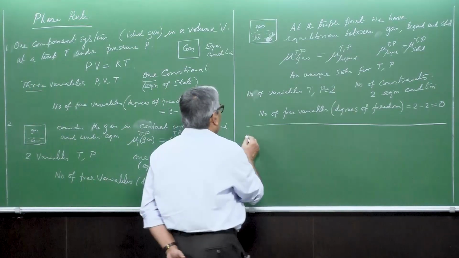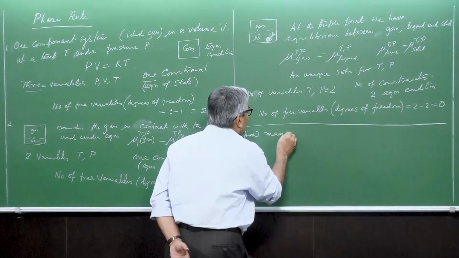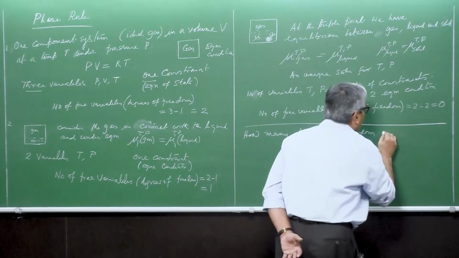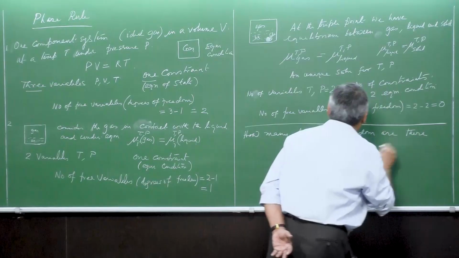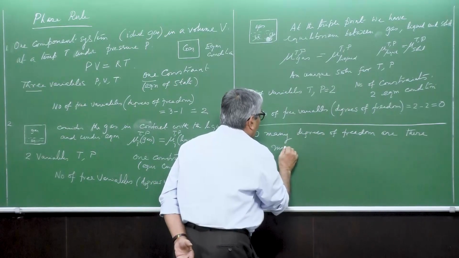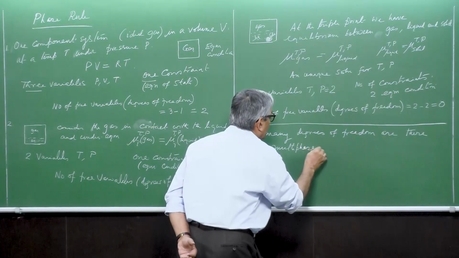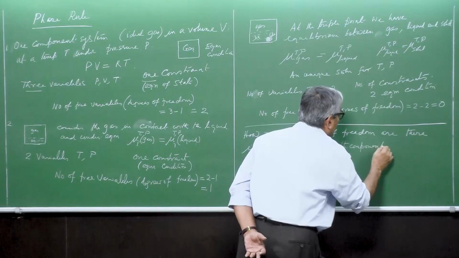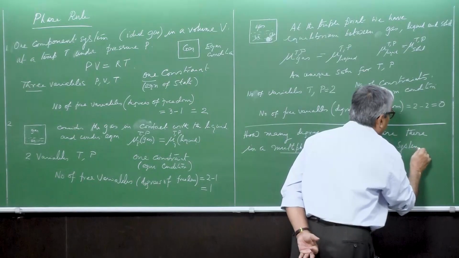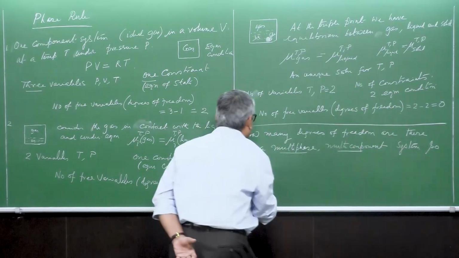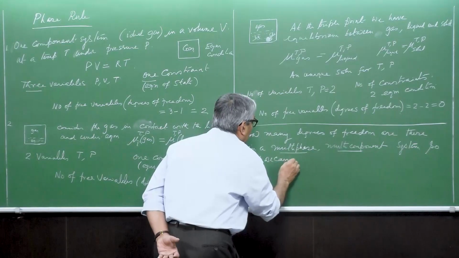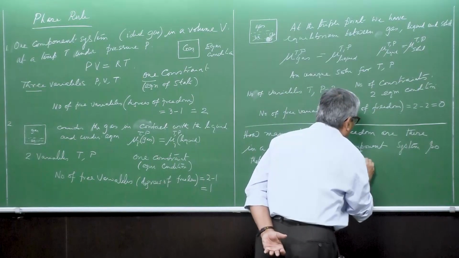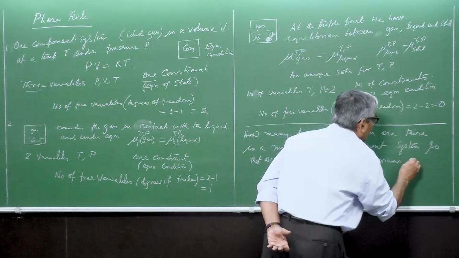So the question is, how many degrees of freedom are there in a multi-phase, multi-component system, so that we can manipulate the equilibrium condition?